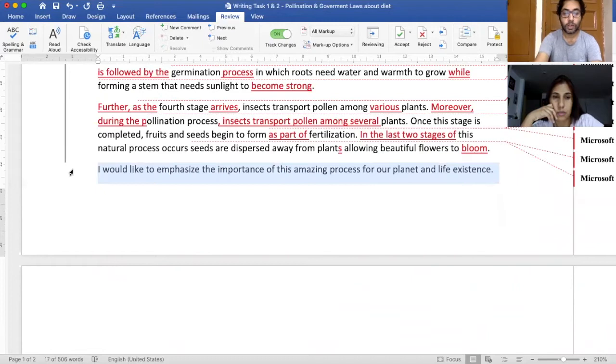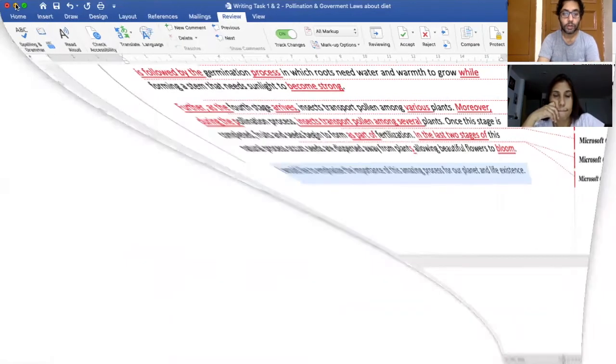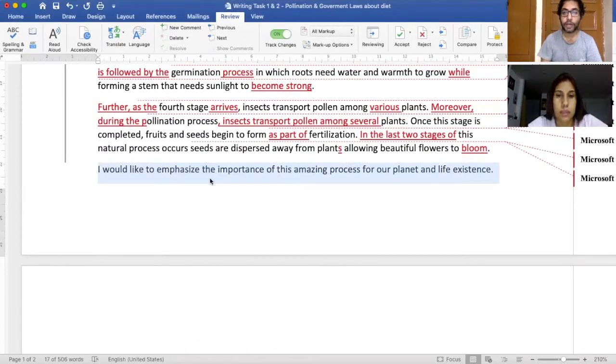So overall, life cycle of flowering plants, that we have to say.